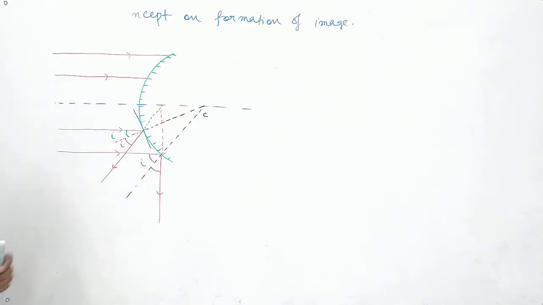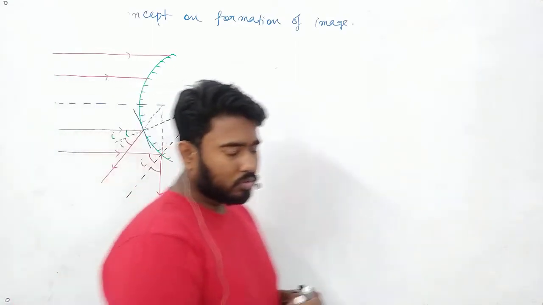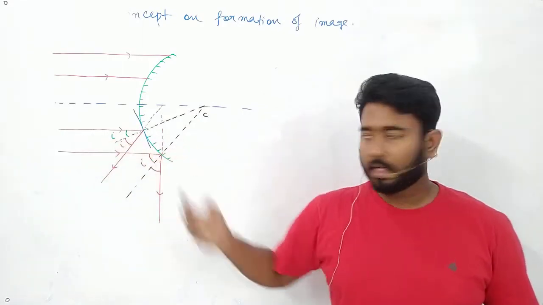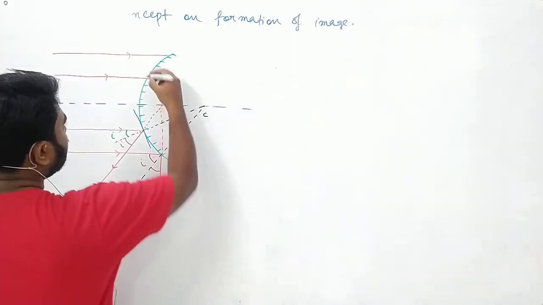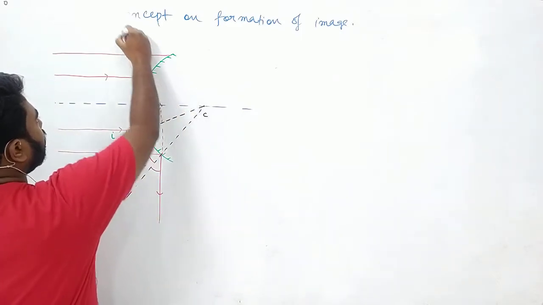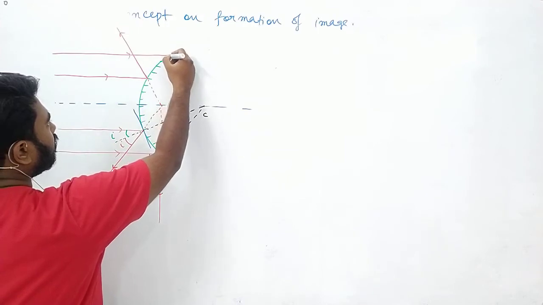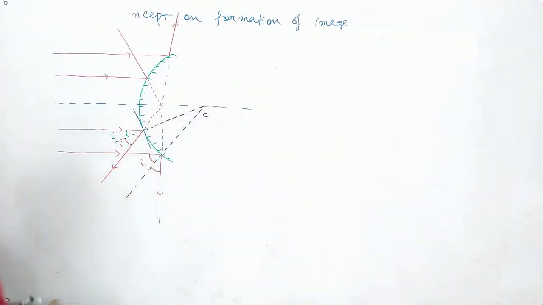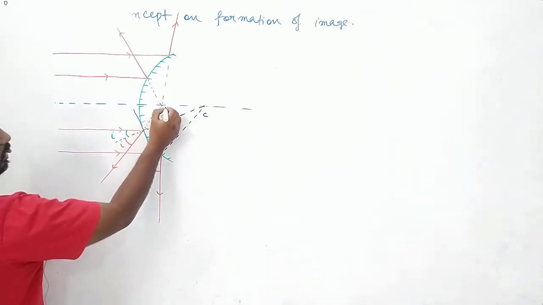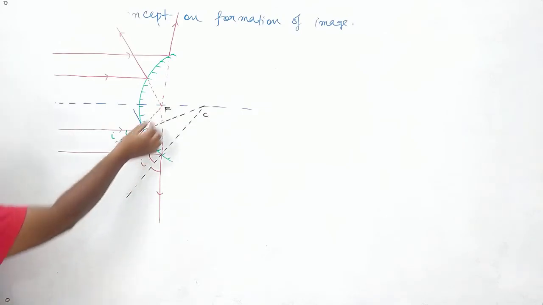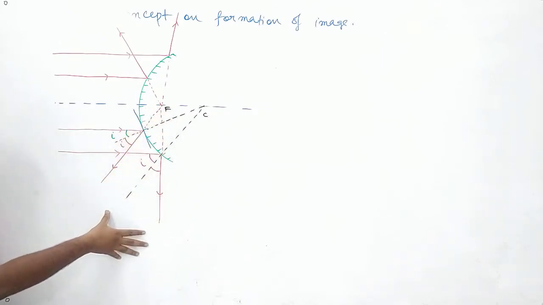Is the idea clear? So when the rays of light come parallel to the principal axis, they will reflect back, making such a kind of reflection that it will appear as if the rays are coming out from the focus.